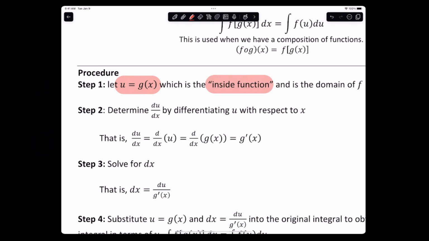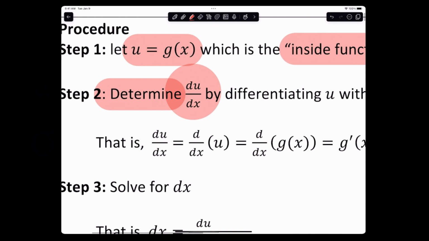So what you're going to do is follow this process now. What's the process? Step 1, you find the inside function, call it u. Step 2, you determine du dx. Find du dx. So I'll give you guys the full steps here.